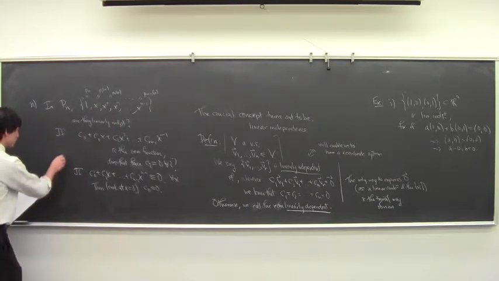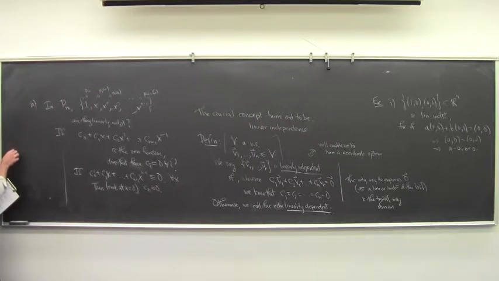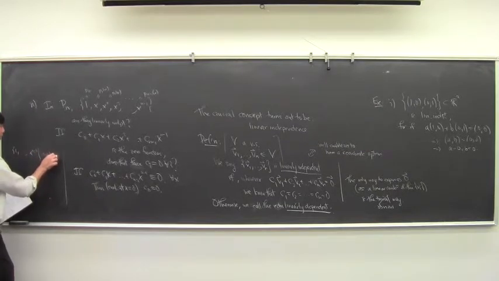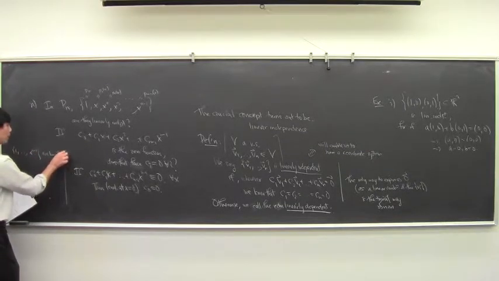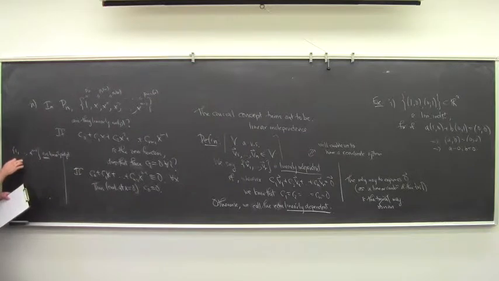So you're saying this, right? Suppose you know that 1, x, up to x to the n minus 1 are linearly independent. Right? That's your inductive hypothesis.